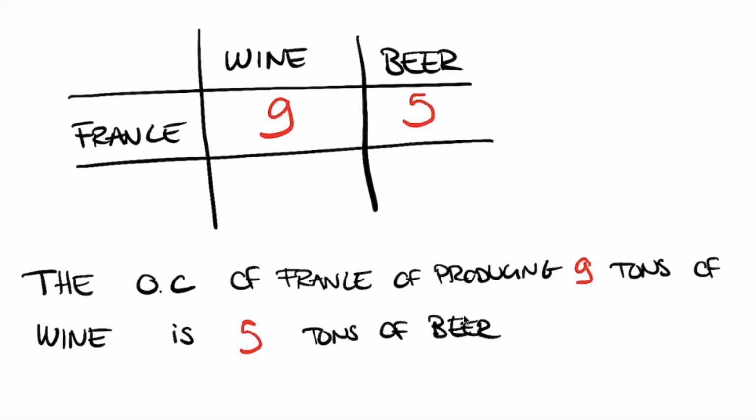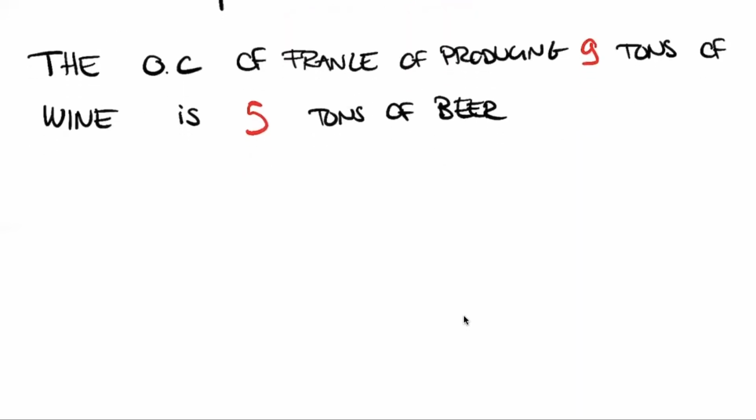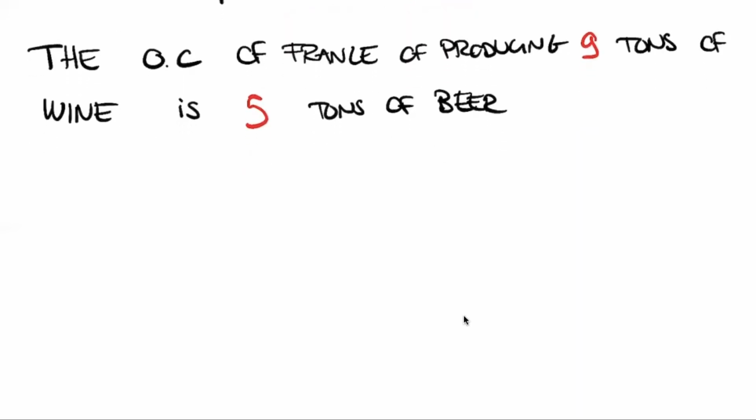So basically, from what we have here, I can say that 9W, 9 tons of wine, is equivalent to 5 tons of beer. Okay, but I would like to know how much 1 ton of wine is costing me in terms of beer that are not produced.